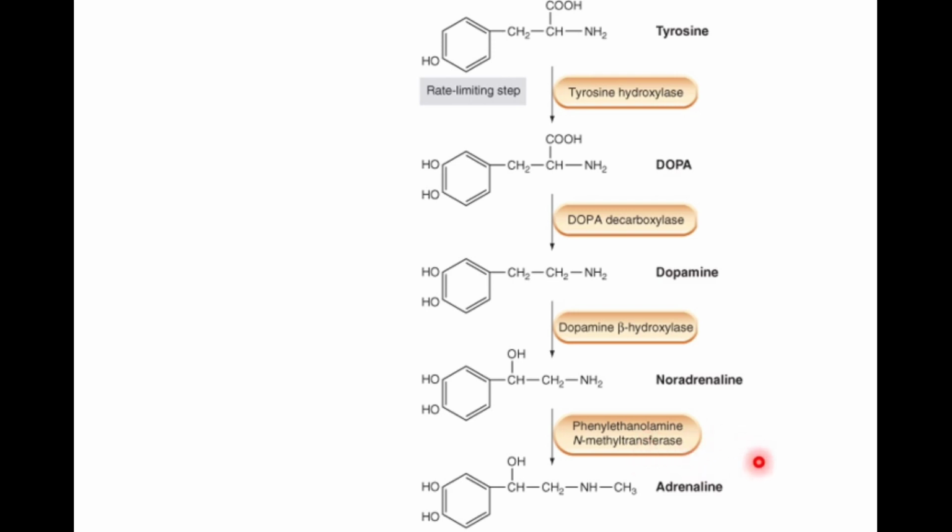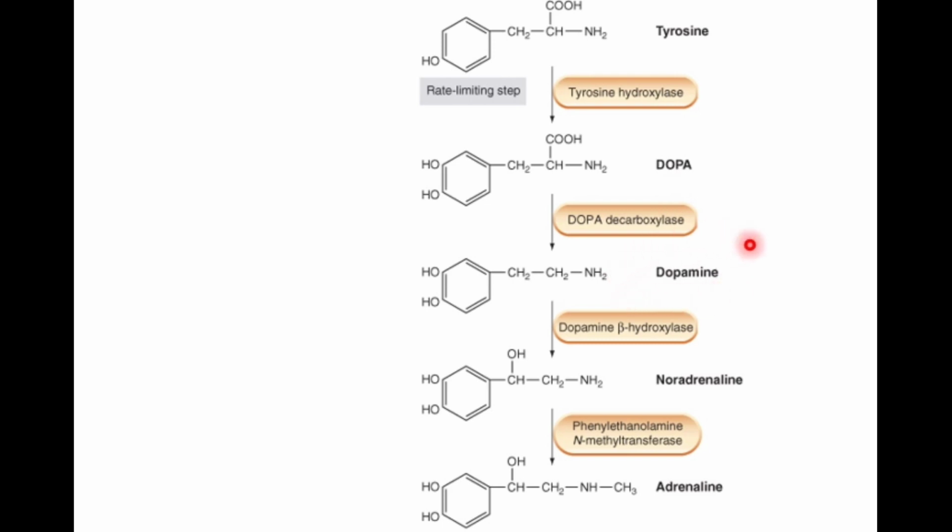The adrenal medulla is innervated by preganglionic cholinergic neurons. Nicotinic receptor activation causes release of adrenaline into the bloodstream. The released adrenaline can activate alpha and beta adrenoreceptors at all sites in the body.